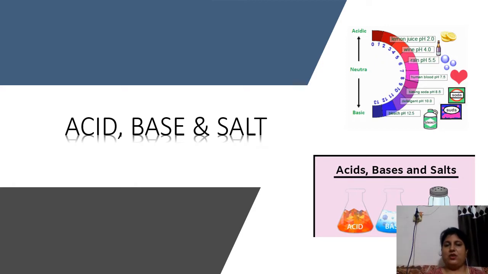Acid, base and salt are compounds formed due to different types of bonding such as ionic bond, covalent bond, coordinate bond, which we had studied in the previous chapter, that is chemical bonding. So now we will discuss in detail about acid, base and salt.